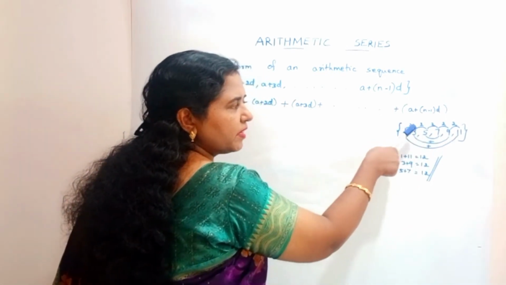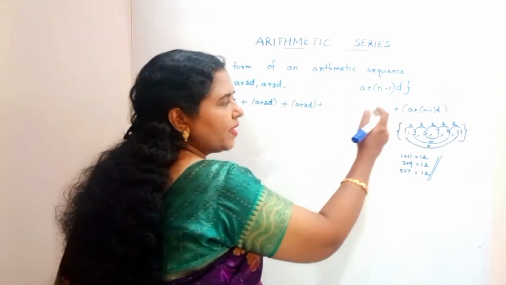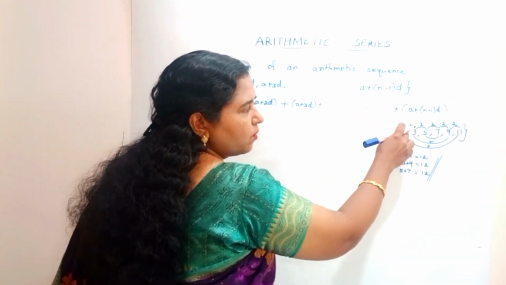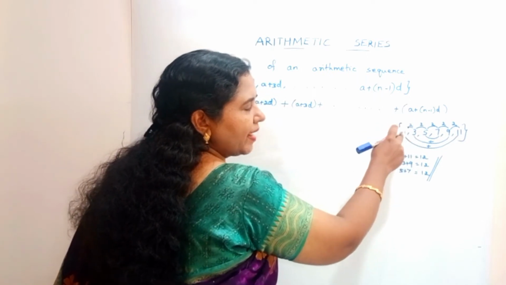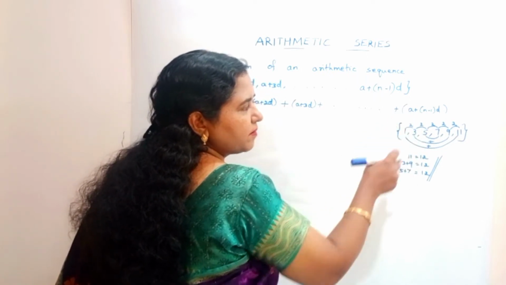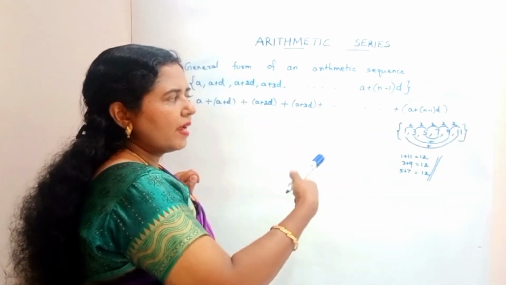The difference between the consecutive terms is 2. Since we add 2 to the first term to get the second term, then 2 is added to the second and the third term is obtained, 2 is added to the third and the fourth is obtained, and this goes on.